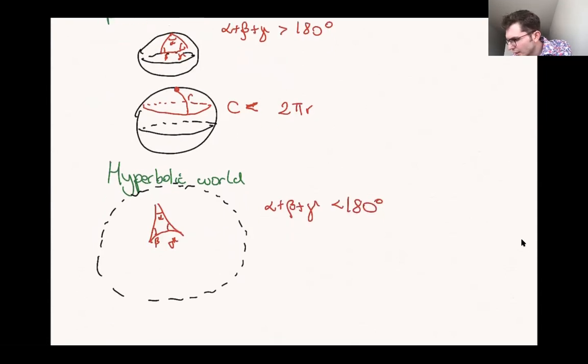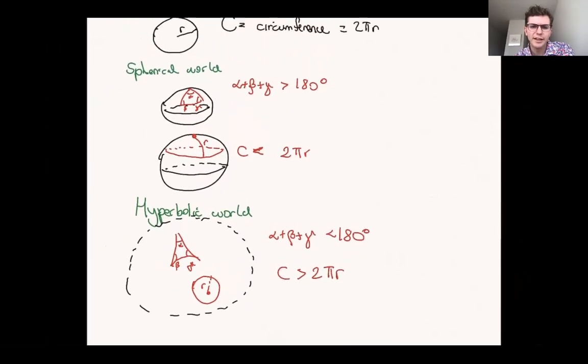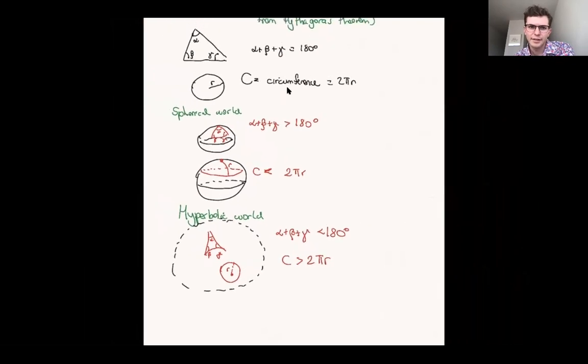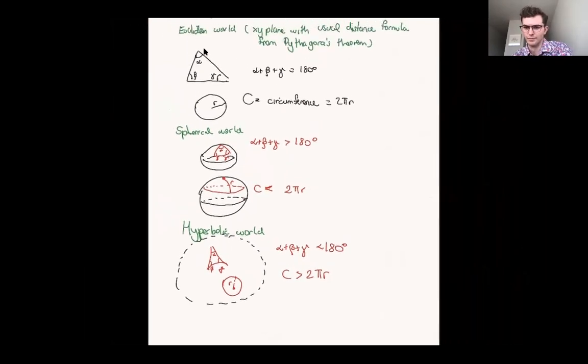And then you could also have circles of radius r, and the circumference here happens to be greater than 2 pi r, if I'm not mistaken. So you see, in a sense, these two are opposites of one another, and this world sits in between them, interpolating between the two.